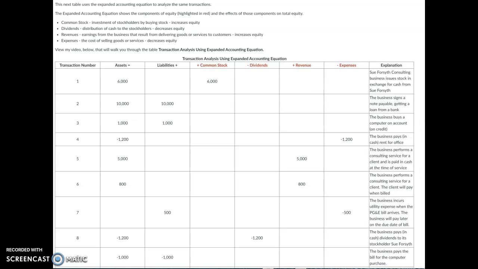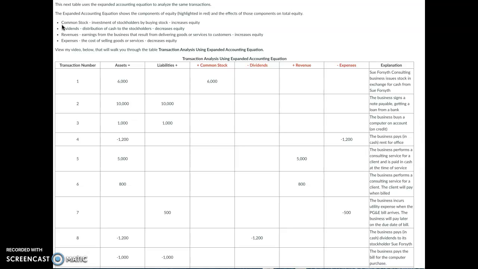So the expanded accounting equation shows the components of equity, which are highlighted in red here, and the effects of those components on total equity. Common stock is an investment of stockholders by buying stock. It increases equity.